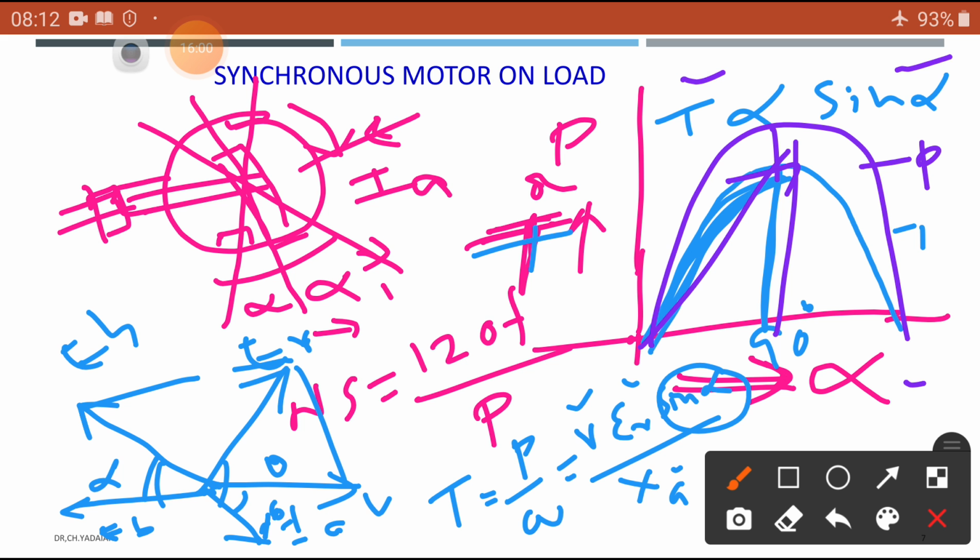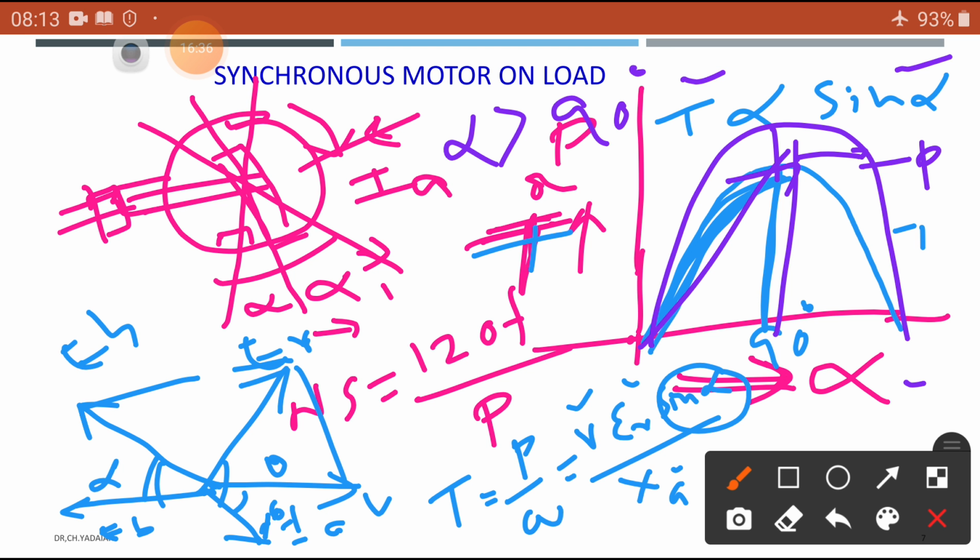If alpha increases further, to greater than 90 degrees, the machine loses synchronism. The magnetic coupling between the rotating magnetic field axis and the rotor axis breaks, it collapses, and the rotor will try to come to a standstill.